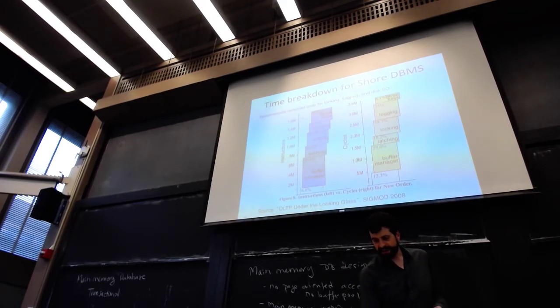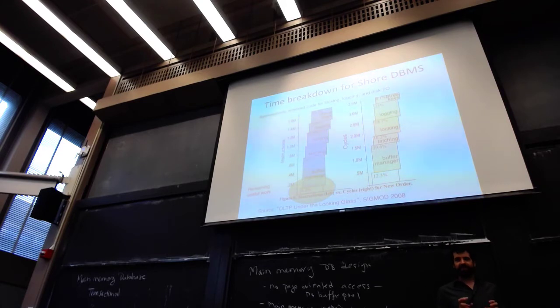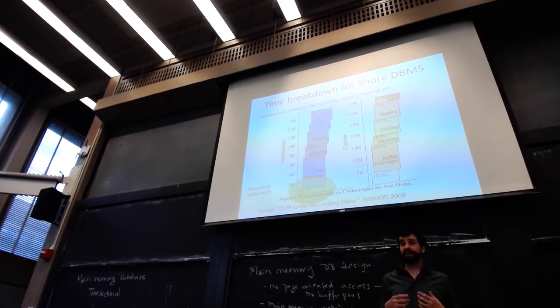If you look at this purple graph on the left, we've broken down the cost of the various operations in this database system. The very bottom is 6.8% of the instructions, which we spend on actually accessing the data, like running the selection and insert operators, the stuff you think of as the processing of the data. The rest of it is overhead, for example, going through the buffer pool.